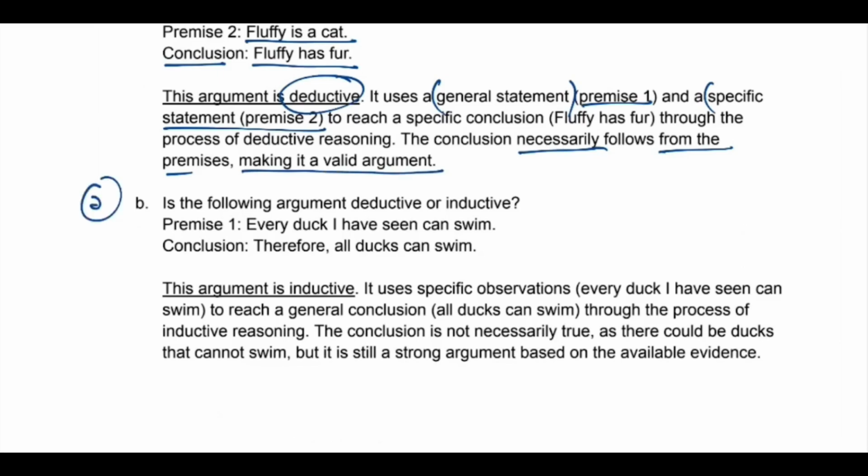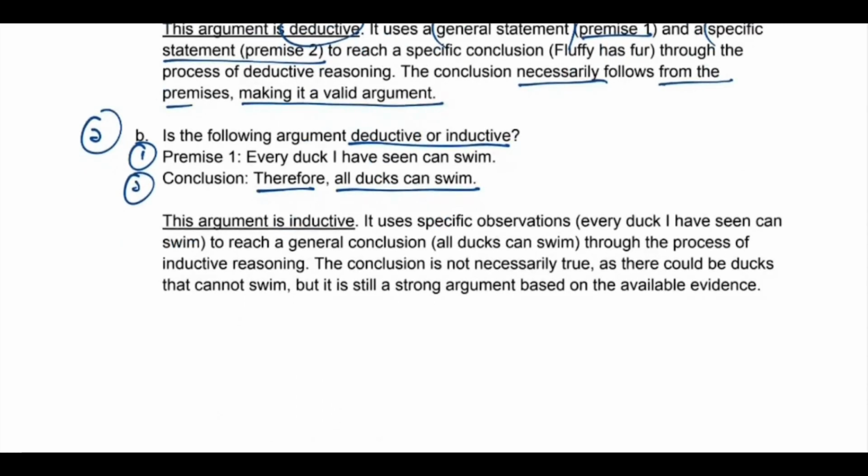The second example: is the following argument deductive or inductive? The first premise is every duck I have seen can swim. So for the conclusion, all ducks can swim. So this argument is inductive.